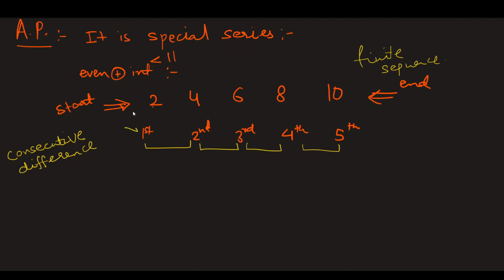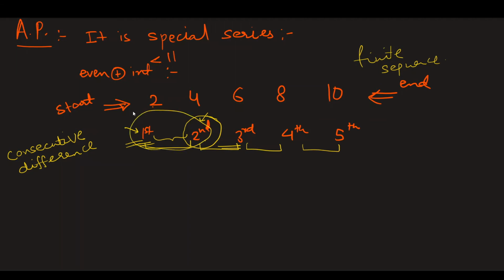If this is the first one and this is the second one, then first and second are consecutive. First and third are not consecutive because there is a second term in between them. So in consecutive there is no in-between term.